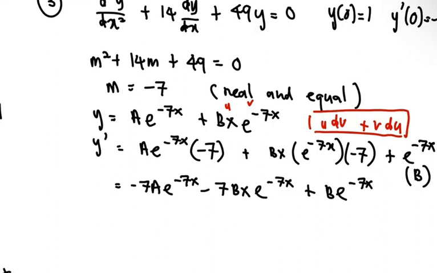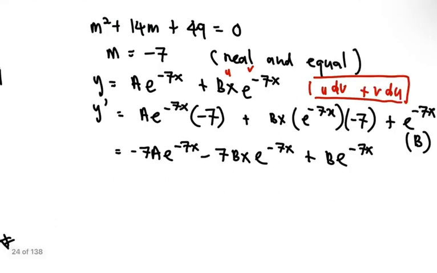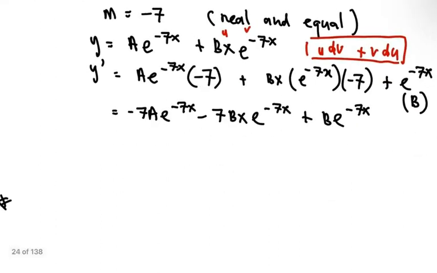Let's substitute the first initial condition. So we have y0 equal to 1. From this equation, y0 equal to 1. So we have 1 equal to a e to the minus 7 times 0 plus b times 0 is 0.